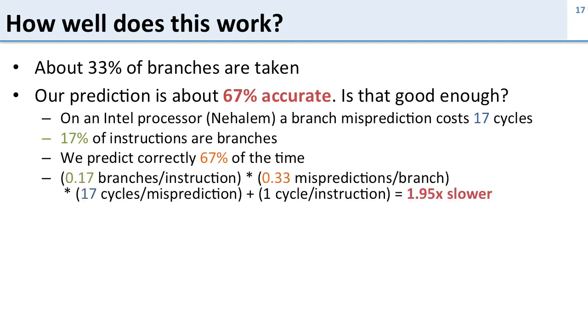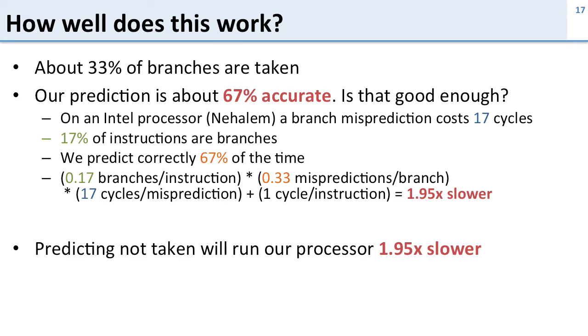So to figure out what the penalty here is, it's 17% of our instructions are branches, times 33% of the time we're going to mispredict the branch. And for each of those mispredictions, we're going to pay a 17 cycle penalty, plus we spend 1 cycle for every instruction we do correctly. So this is 1.95 cycles per instruction. So this is nearly 2 times slower, even though we're 67% accurate.